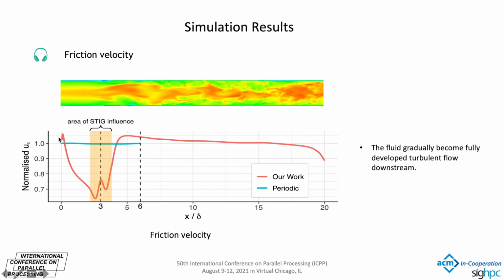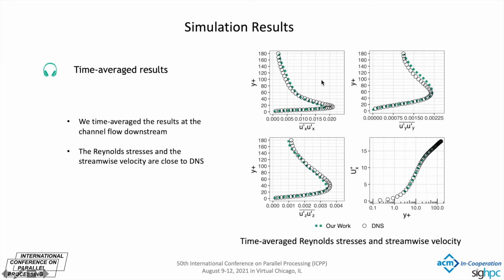The red line is the friction velocity along the whole channel, and the blue one is the goal. After x equal to 10, we approach the ideal friction velocity. And there is a jump here because we use the sponge layer here, so it makes sense.